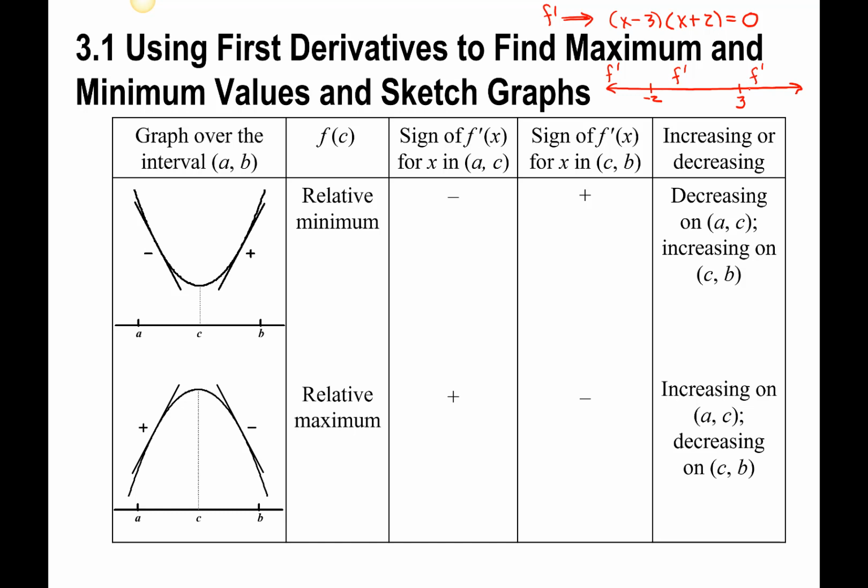With those two 0 points, it creates three intervals on our number line. You pick a value in each of those intervals, and you substitute that value into the derivative, because what you want to find out is what's the slope on that interval. Okay, the slope on the entire interval from negative infinity to negative 2 is going to be the same. It's either going to be positive or negative.